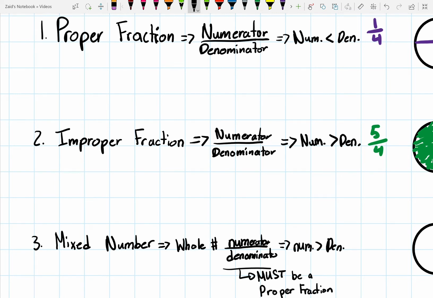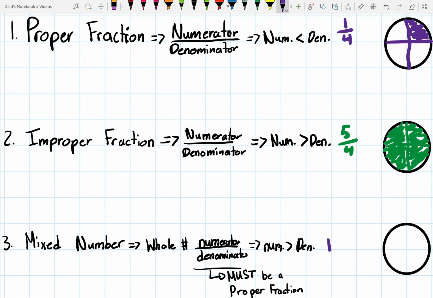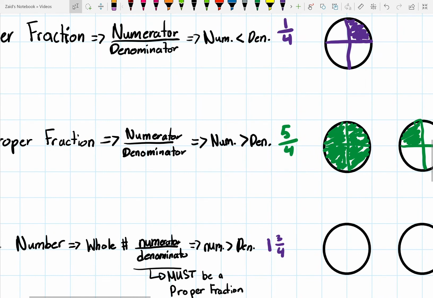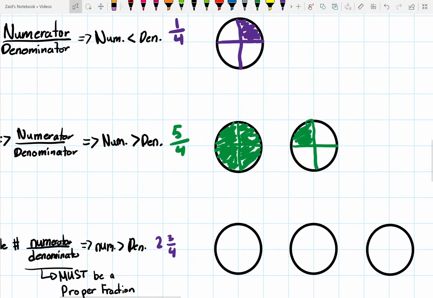So an example of that can be, say, 1 whole and 3/4. Or instead of 1 whole, let's do 2 wholes and 3/4. So in this case, I have 3 circles already drawn, and I know that 2 of them are already full. So I'll just shade 2 of them in.